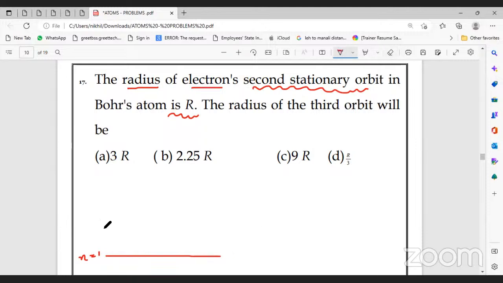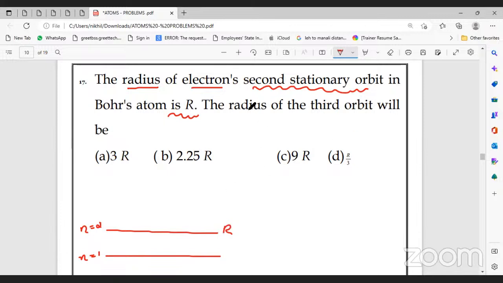Because they're telling for the second orbit, the radius is r. Radius of the second orbit is given r.